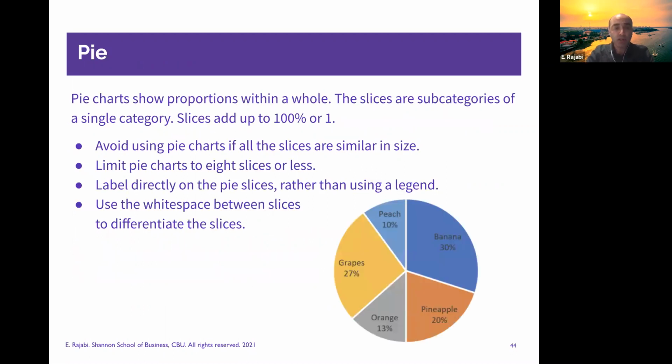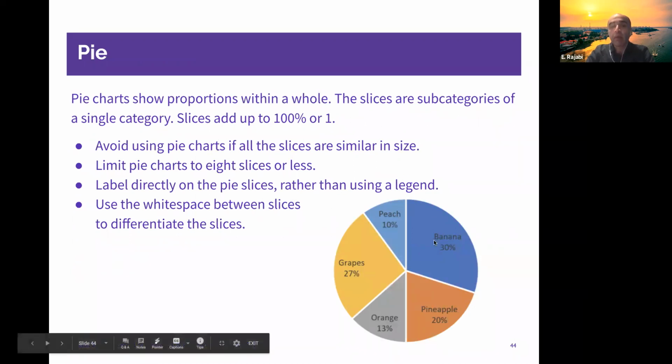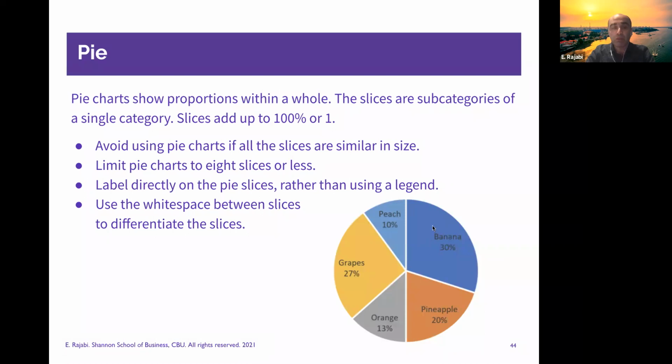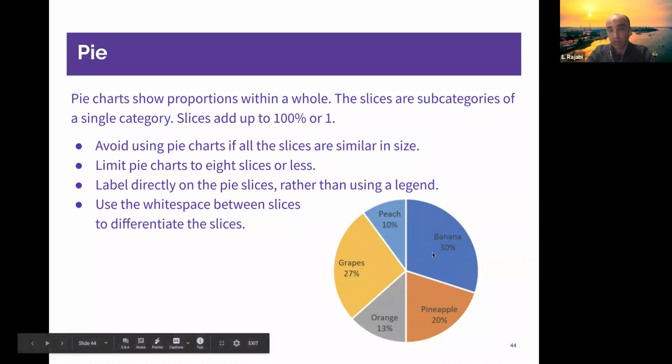Pie chart for sure is one of the choices that we have to show the proportion. The slices are subcategories in a single category. Avoid using a pie chart if all the slices are similar to each other.